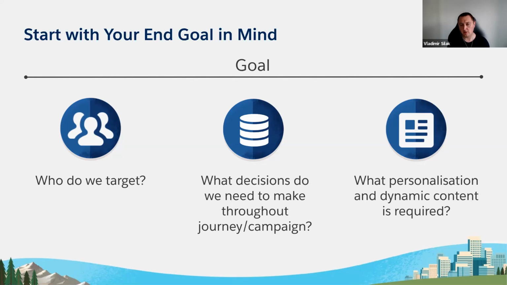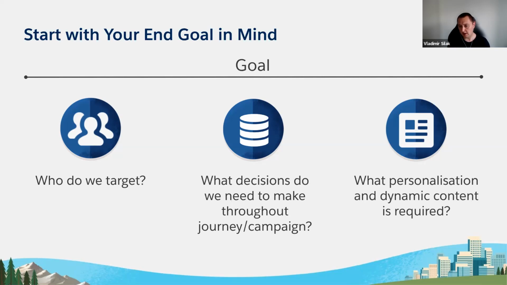The second part of that decisioning that you need to go through is, what decisions do we need to make when we're navigating through that journey or campaign, regardless of how you call it. It's essentially that experience. And you will see today that practically what it means is, when you're configuring some of these decisions, you refer to the data points that need to power these decisions. So it again takes us back to the data setup, the structures, the relationships that we have in place.